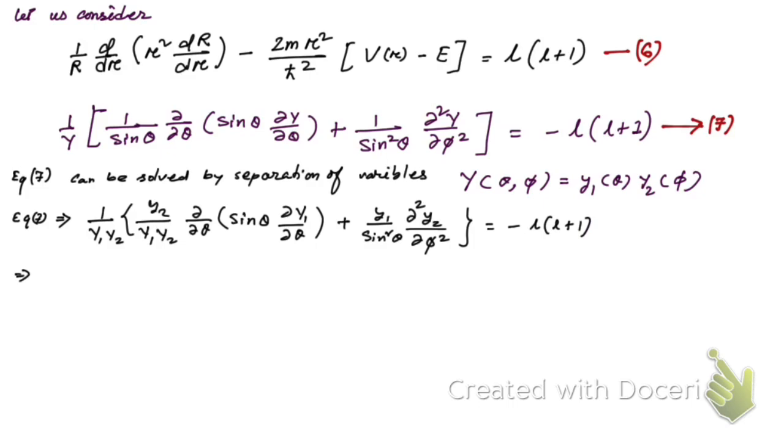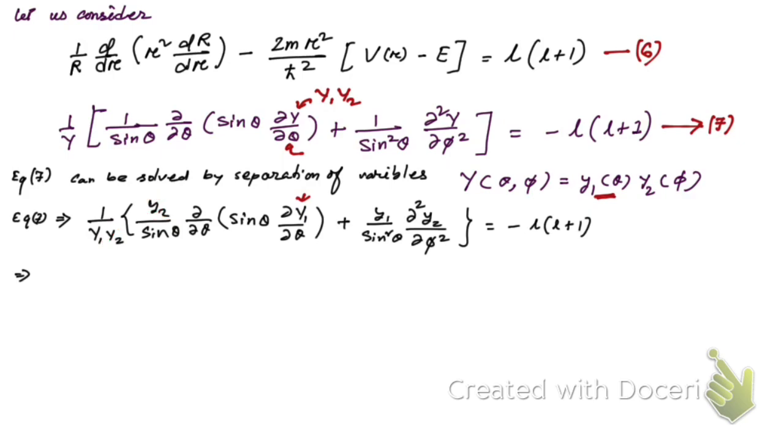Here I think I have made a mistake. This is supposed to be sin theta. So here this y is replaced by y1 and y2. Here we have the differential coefficient with respect to theta, so y1 is a function of theta, that's why we have kept y1 here, and y2 is taken outside, which will be cancelled by this, right? Hope you have understood this.